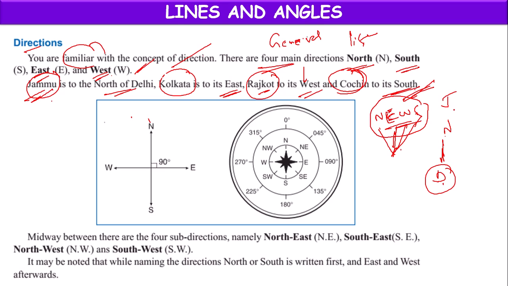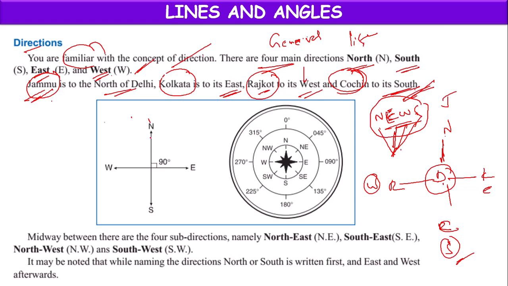Kolkata is towards the east direction, and Rajkot is in the west direction, and Cochin is in the south direction. Like that, we can identify the places based on the direction.